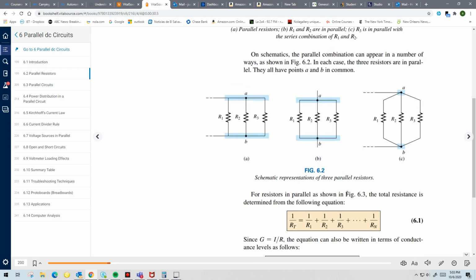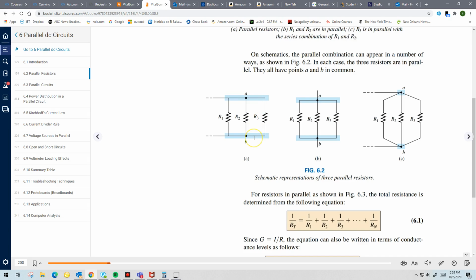Another example here: R1, R2, and R3 share the same node A, and they also share the same node B. So these three resistances we can say are connected in parallel. They're connecting to the same node at the bottom and to the same node at the top.